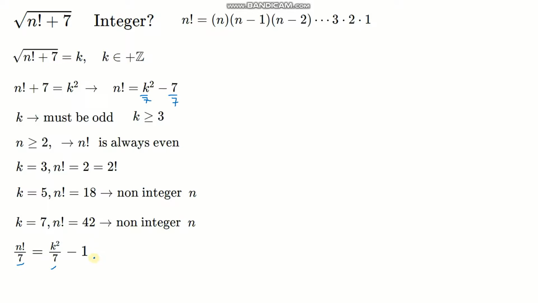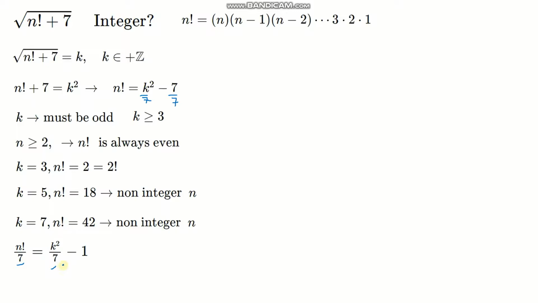Now, for n greater than or equal to 7, the left hand side is an integer, and the right hand side we have k squared over 7 minus 1. Minus 1 is an integer, so hence k squared over 7 must also be an integer to have a solution.